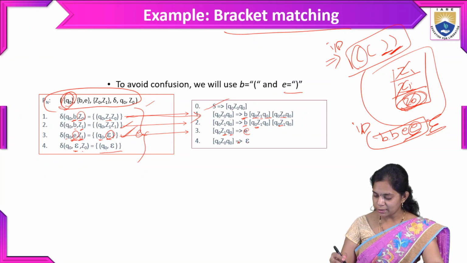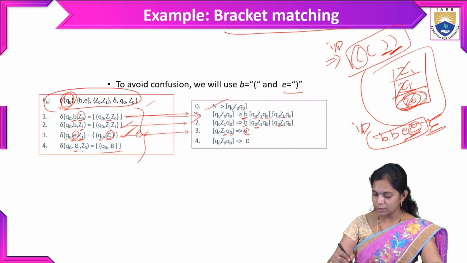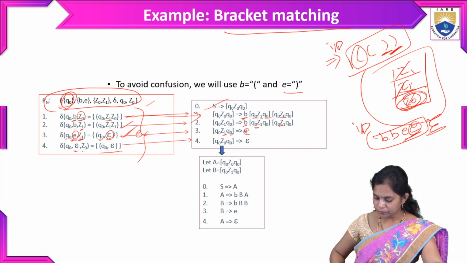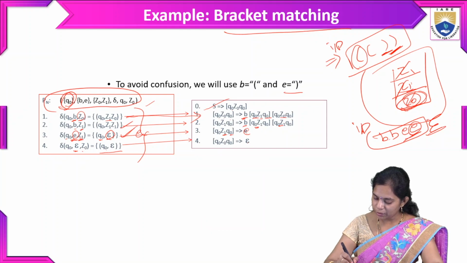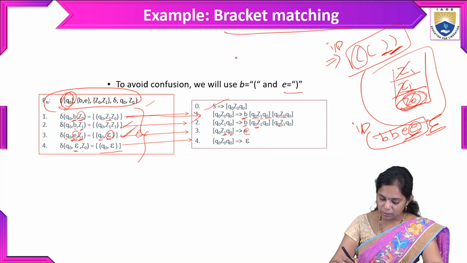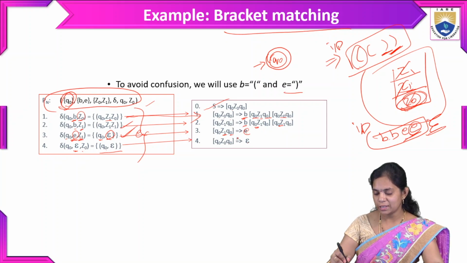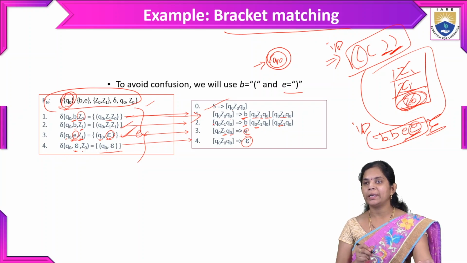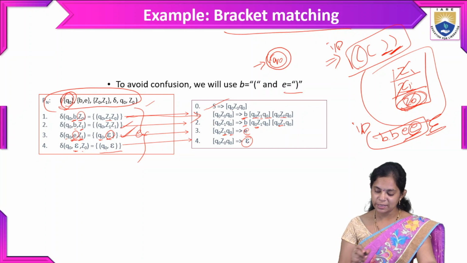So what does this transition diagram represent? Let me write the transition diagram. Here we have only one state. What it indicates is Q naught is the present state and the next state, also with epsilon. That's why we have written the initial state and final state as the same thing.